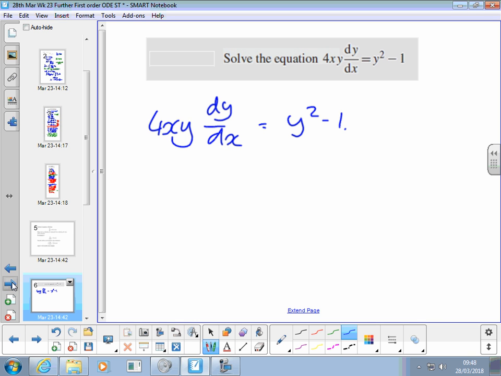You can't just do that. Divide by y. I want the x terms on the right and the y terms on the left. Don't need to do anything with the 4. The 4 can stay where it is. Multiply by dx. Let's have that. I like that.